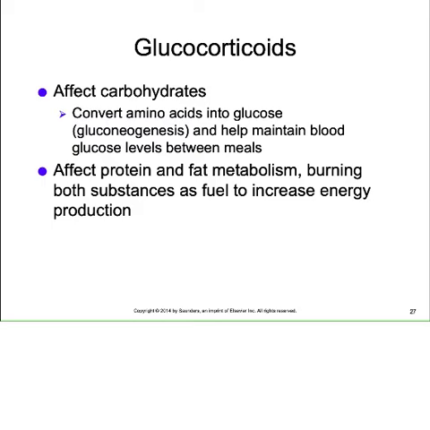They're going to have an impact on fat metabolism, burning substances as fuel, and that increases energy production. One of the things that happens as a result of this is what's called glucose sparing, so that we save the glucose primarily for the central nervous system, and then other tissues that can use other fuel switch off and use that fuel. Okay.